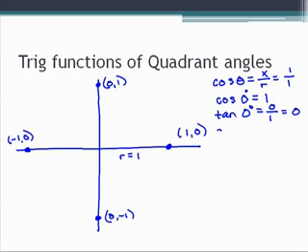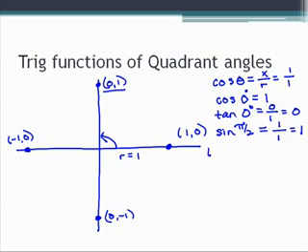The sine at pi halves, which would be this angle here, 90 degrees. So I'm looking at these points here. Sine is the y over the r. So the sine at pi halves is 1.